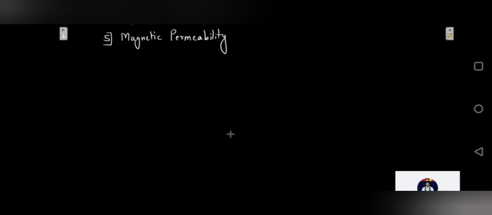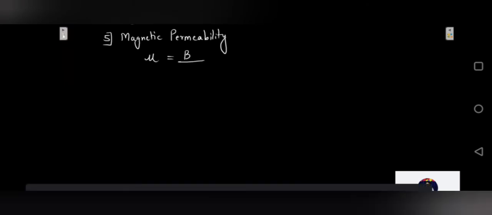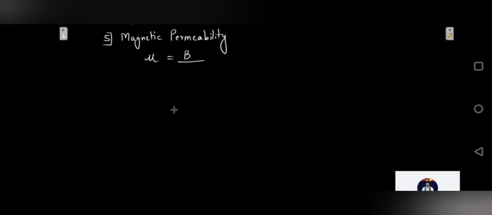So magnetic permeability of the material by definition would be the ratio of magnetic induction to the magnetic field intensity. So magnetic permeability, which is denoted by mu, is given by the magnetic induction, that is B, total magnetic field, divided by the magnetic field intensity, that is H. This is the definition, that is the ratio of B to H is magnetic permeability.